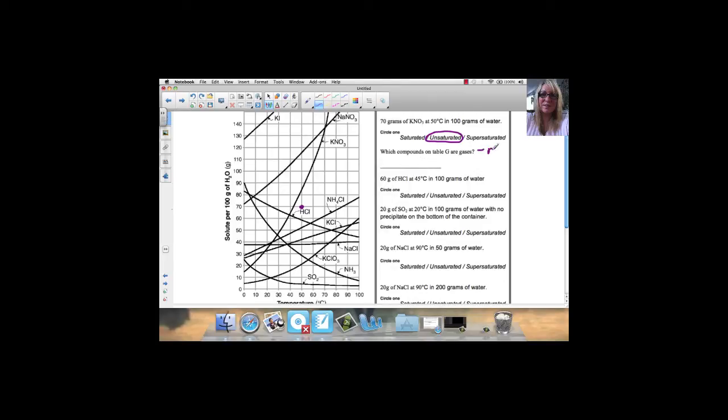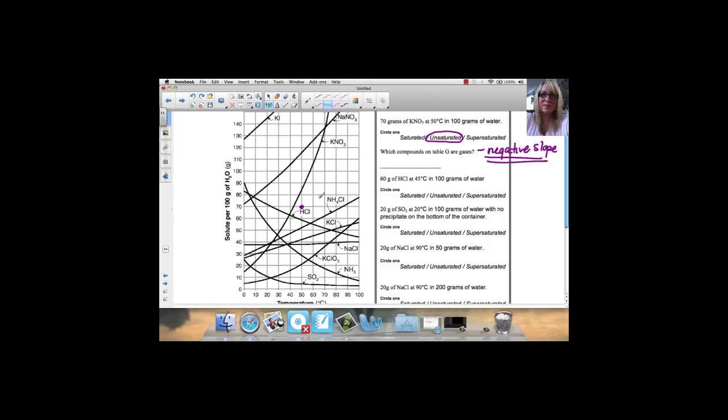Which compounds are gases? Your gases are the ones with the negative slope. And that's because as temperature increases, the solubility of a gas decreases. And there are 3 of them. You've got SO2.